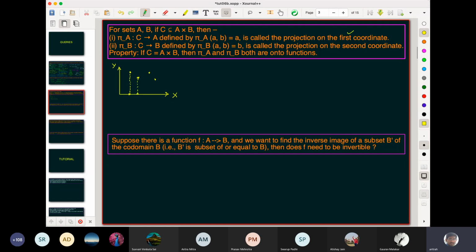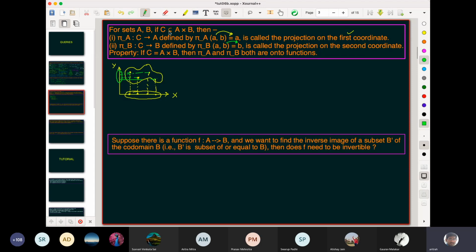So every element you project like this. Whatever elements you have here, you just project and make it here. That's why I have π_A from A×B to A, right? Similarly, the projection in the other direction is also the same, because you project all the elements like this in this direction. That's why we put π_B as B.